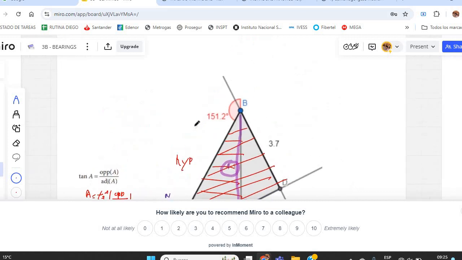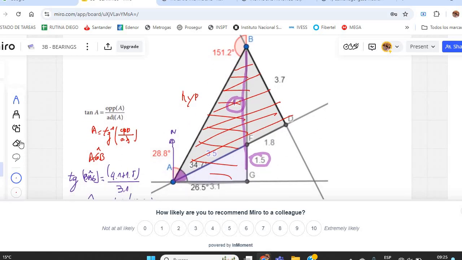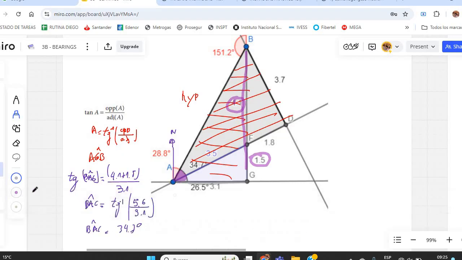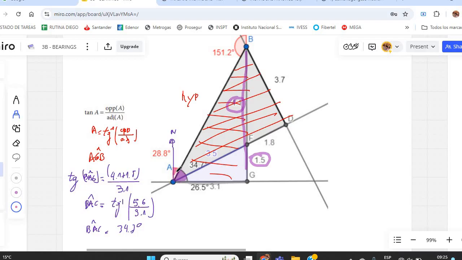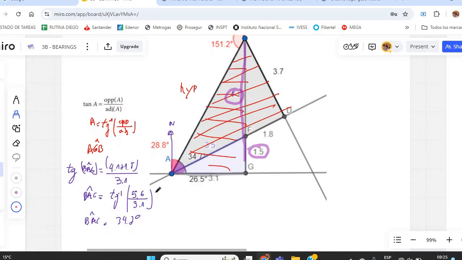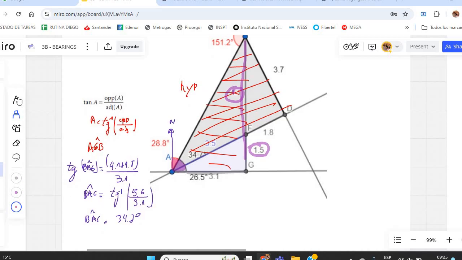If I want to know the bearing from A to B, let's use a different color. All you have to do is know the value of this angle over here, let's say angle alpha.